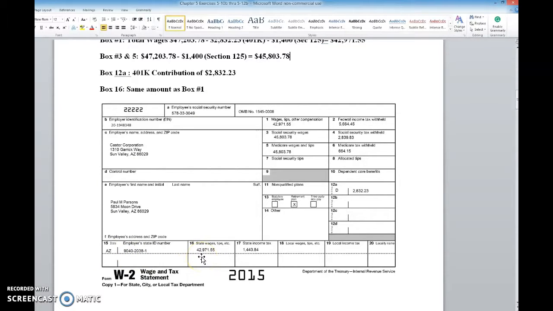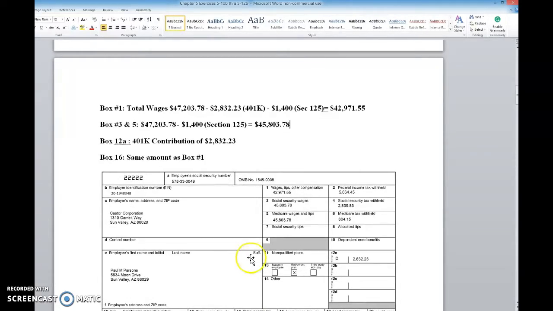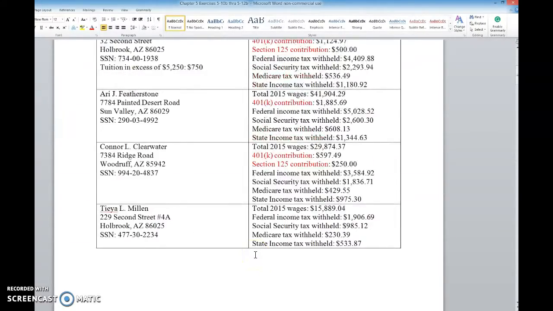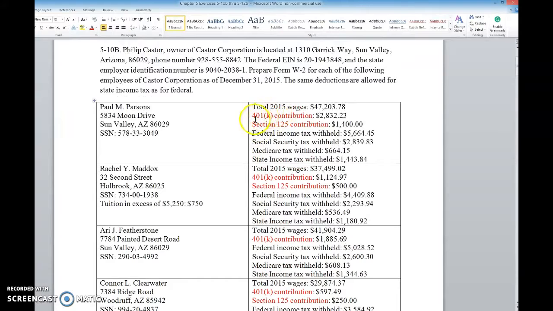Box 16 is going to be the same as box 1, which is the $42,971.55. And then the state income tax withheld is given to us for $1,443.84.